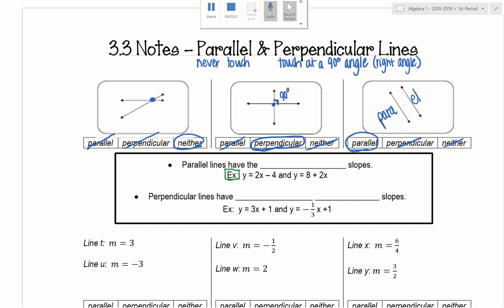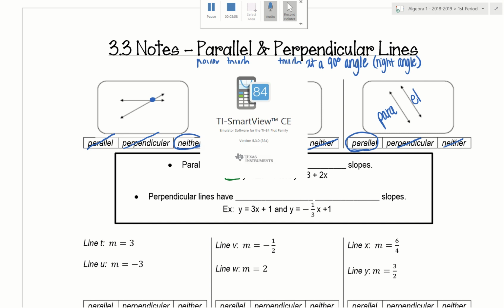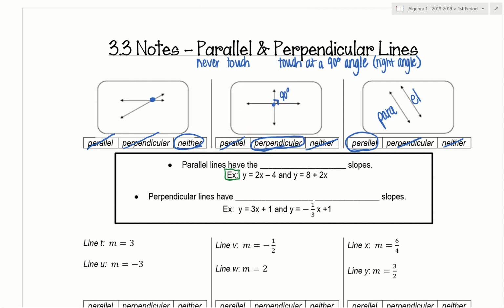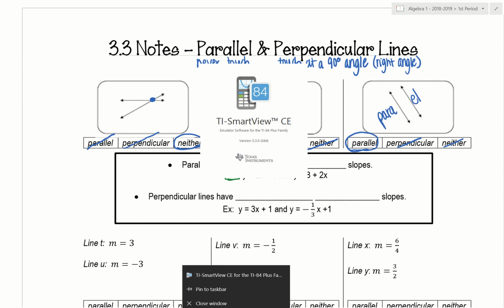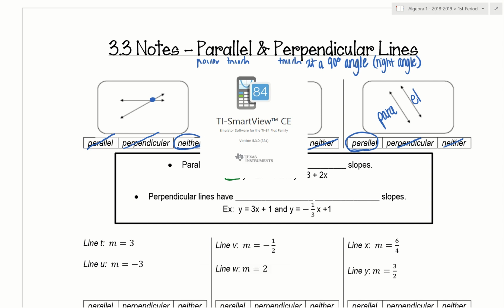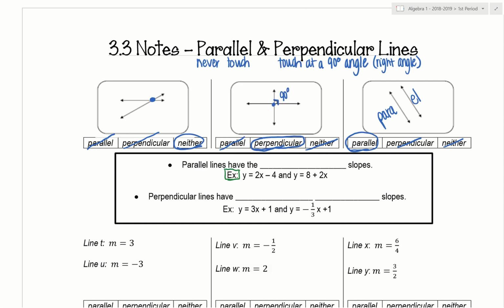My calculator will not pull up on my screen. So, oh, there it goes. Now that I'm talking bad about it, all of a sudden it wants to show up. We're going to type these into our y equals screen because both of these equations are in y equals format. So, well, now it's frozen. We're going to hope it shows up sooner or later. We're just going to keep moving.